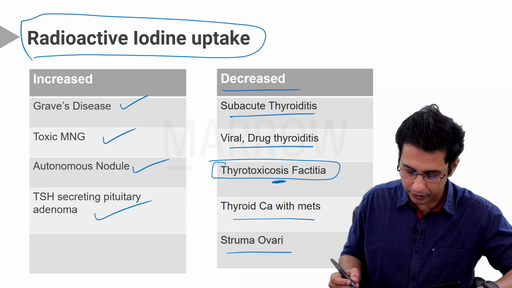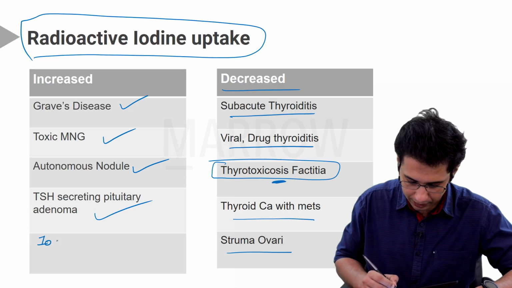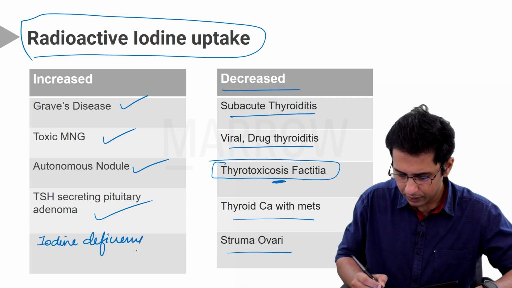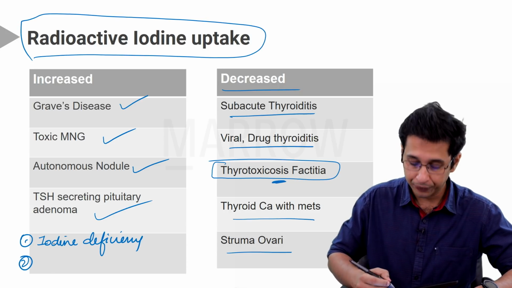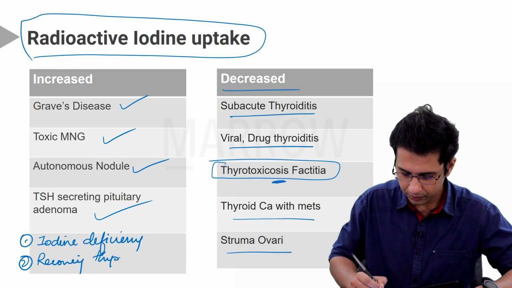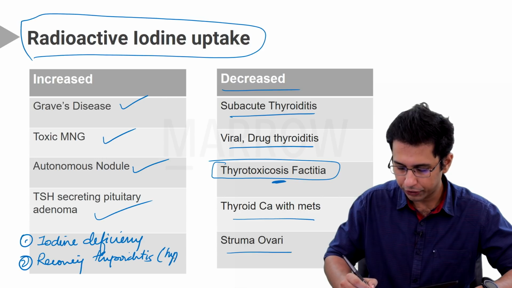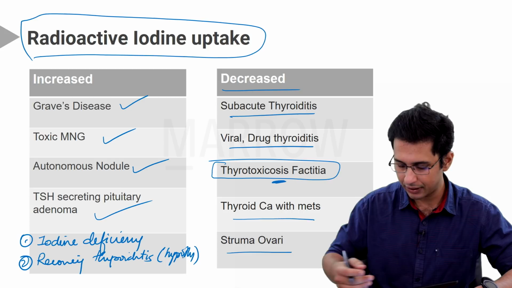And two more points I want to add to this. So think this scenario, what will happen? I'm writing iodine deficiency. Point number one. Point number two. Again, here I am writing recovering thyroiditis. Okay, so this thyroiditis will go into hypothyroidism. Initially there is hyperthyroidism, then go into hypothyroidism, and then it will recover.